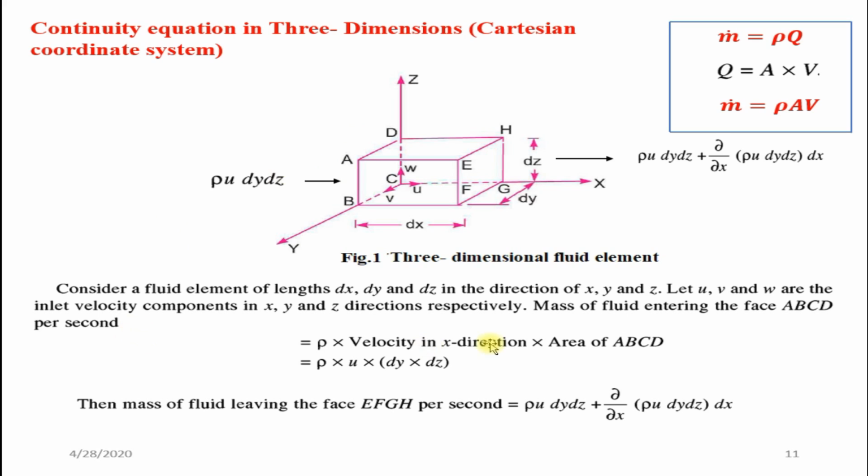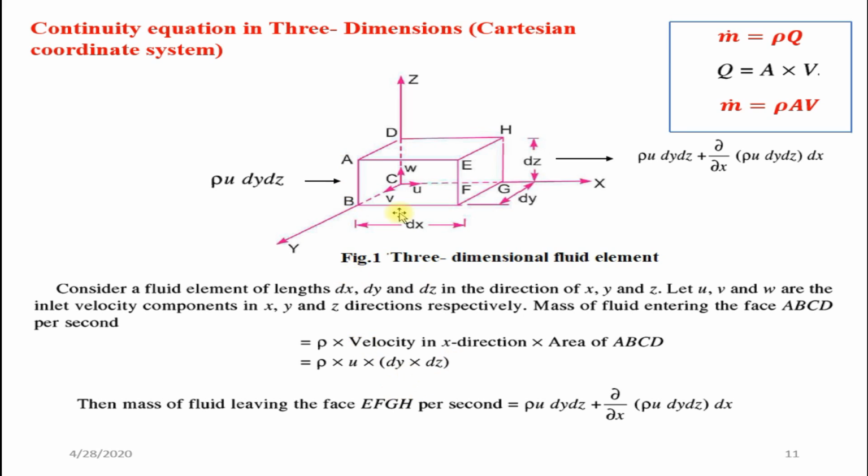So the mass of the fluid entering the face ABCD per second is rho into area into velocity. What is the area of face ABCD in x direction? The area of face ABCD is dy into dz.